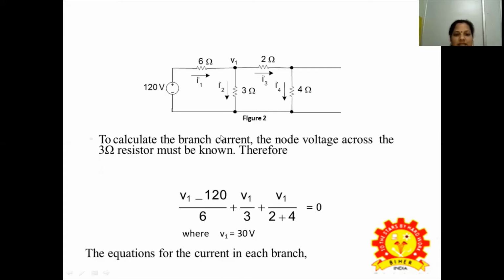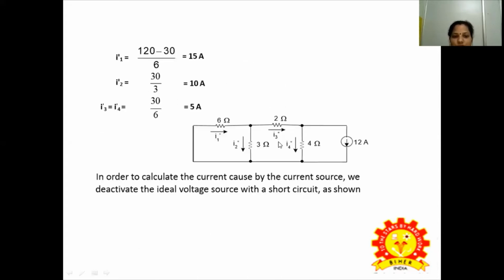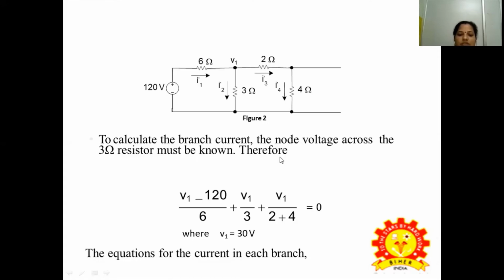To calculate the branch current, the node voltage across the 3 kilo ohm resistor must be known. Therefore, (V1 minus 120) divided by 6 plus V1 divided by 3 ohms plus V1 divided by (2 plus 4) ohms is equal to 0, where V1 equals 30 volts.